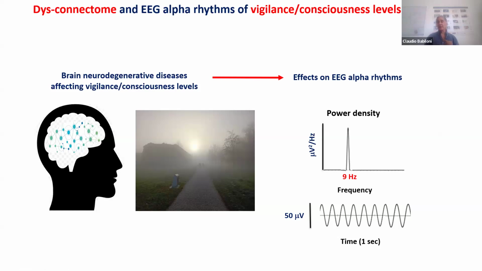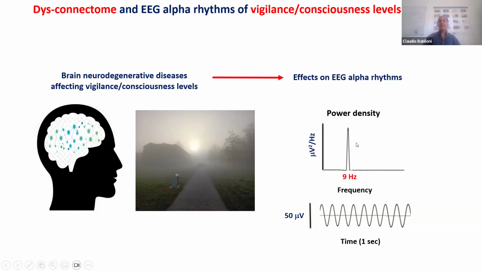So we presented some evidence that the alpha rhythms reflected the vigilance level, that they are generated by a visual spatial stream and also of the object recognition stream of the visual system.